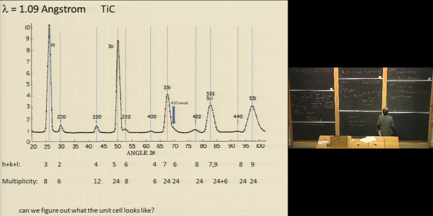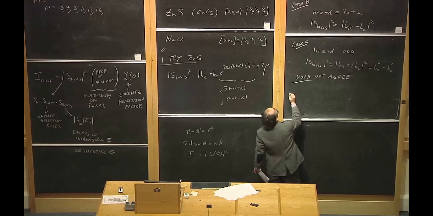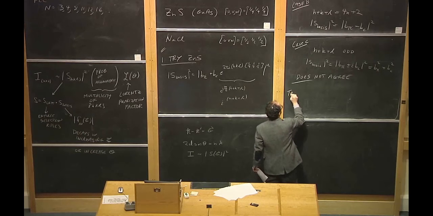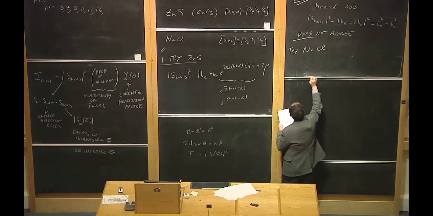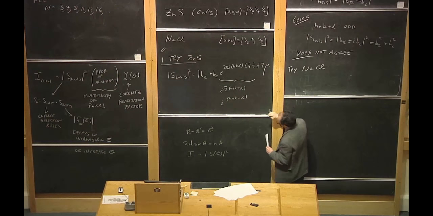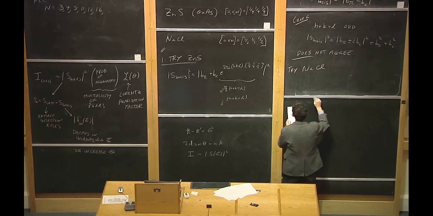Well, we can try something else. We can try the sodium chloride structure. So try sodium chloride. In which case, we have, well, I wrote it over here somewhere. Yep, over there. It's 1/2, 1/2, 1/2.